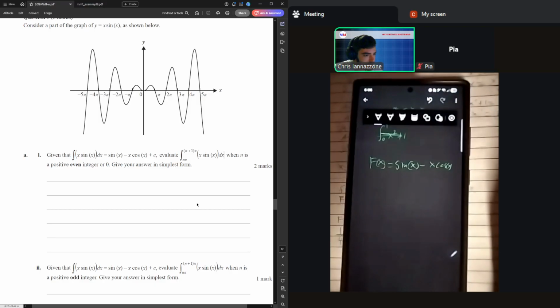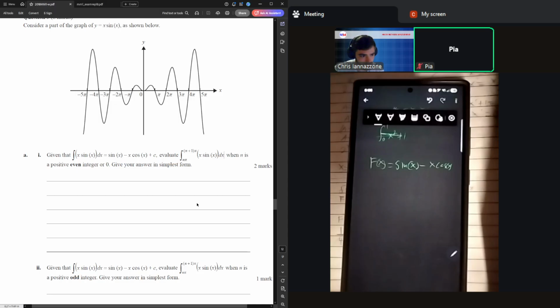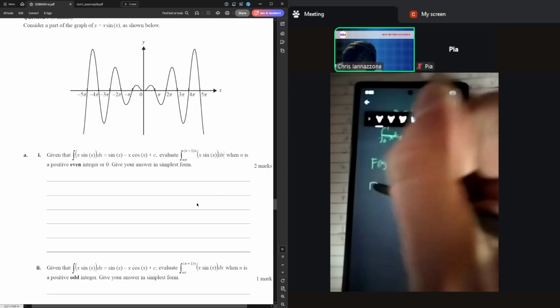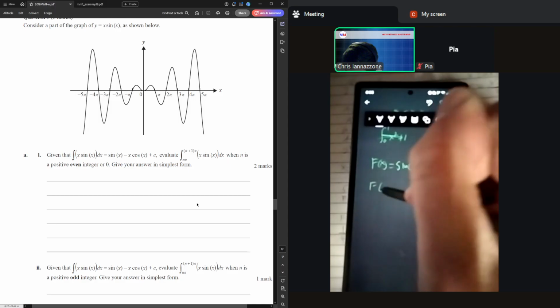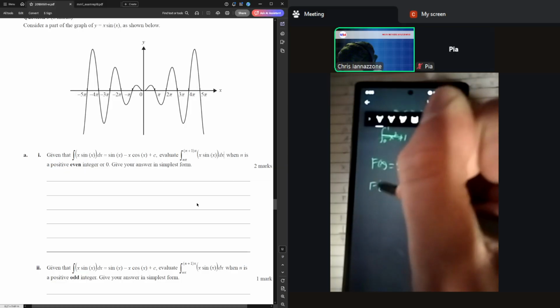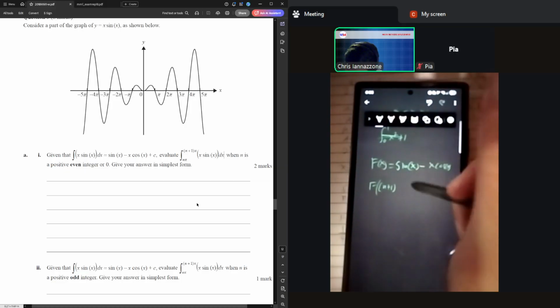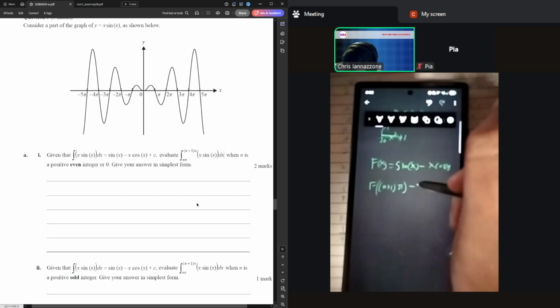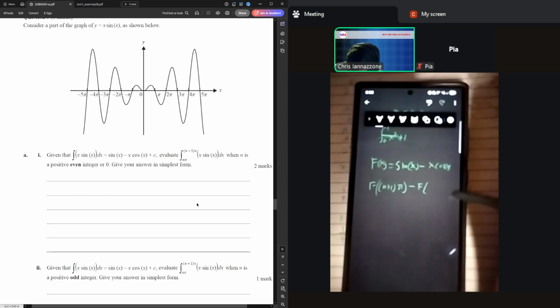What did you say the next step was going to be? Subbing in the bottom and the top. That's it. So we want to be doing capital F of ((n plus 1) pi), that's the top, minus capital F of the bottom, which is just n pi.